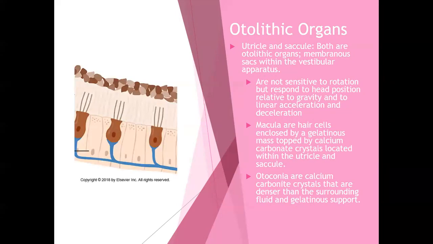So the otolithic organs, so oto means ear and lithic means rocks. So these are rocks in your head, if you want to think of it, rocks in your ears. The organs are called the utricle and the saccule. Both are otolithic organs. They're membranous sacs within the vestibular apparatus.